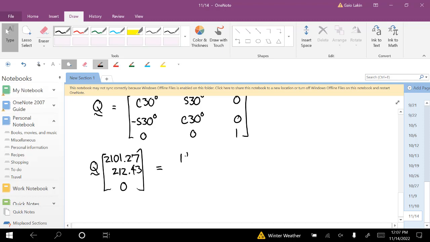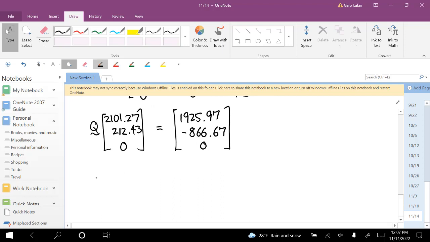And you get 1925.97, negative 866.67, and then 0 for z. I'm just going through the one internal load that we didn't get to from that long class problem.